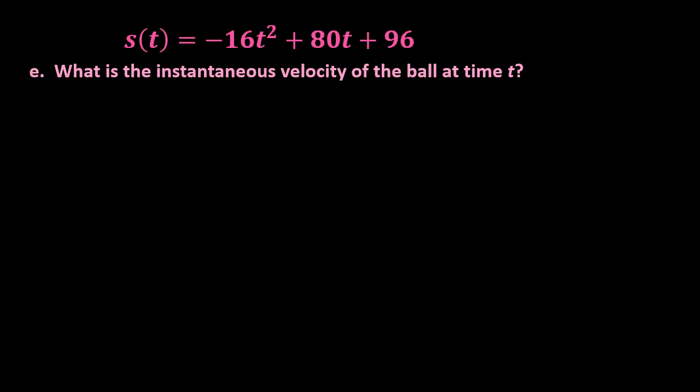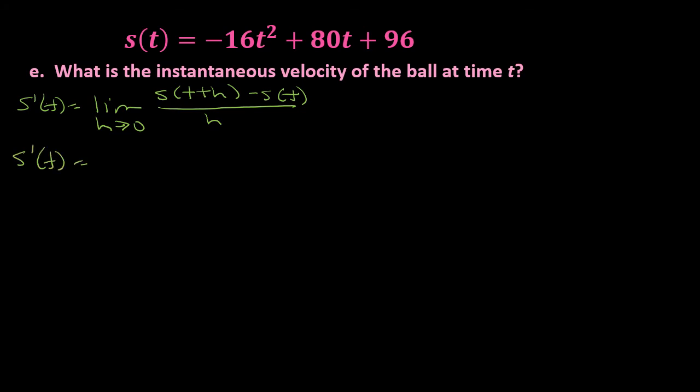Then it says, what is the instantaneous velocity of the ball at time t? So now you are going to find the limit. Let's see, nope, let's restart that. You're going to find s prime of t, which is going to be the limit as h approaches 0 of s of t plus h minus s of t all over h. So s prime of t is going to be the limit as h approaches 0.